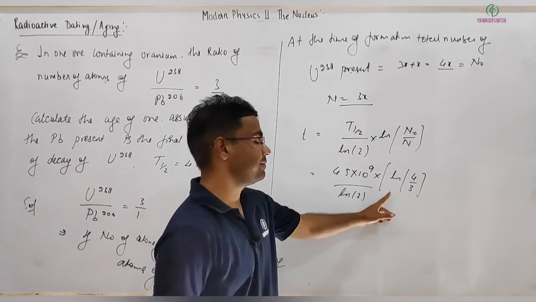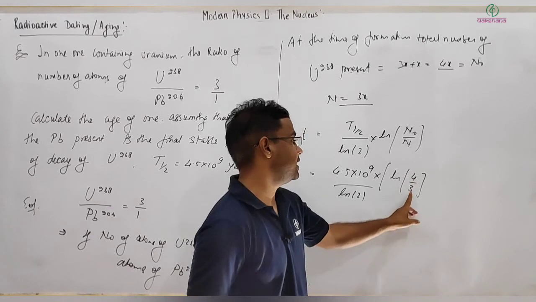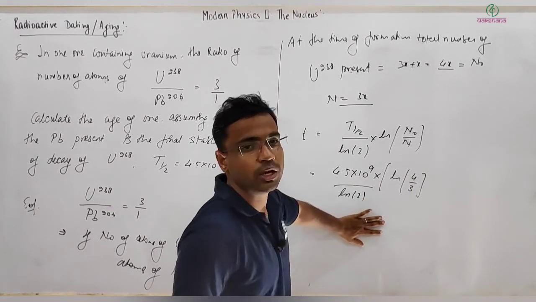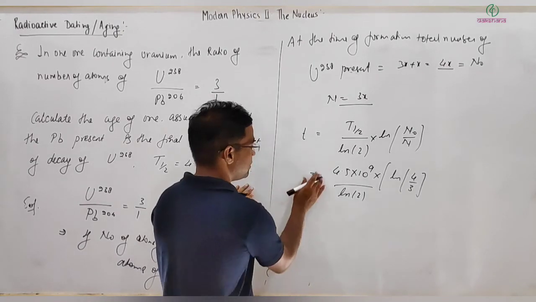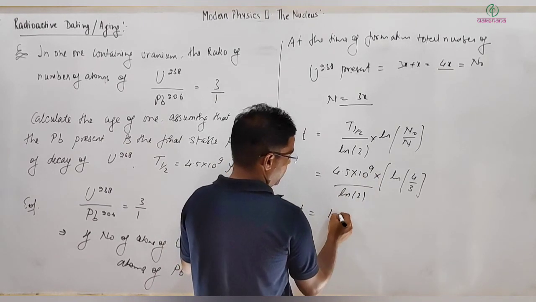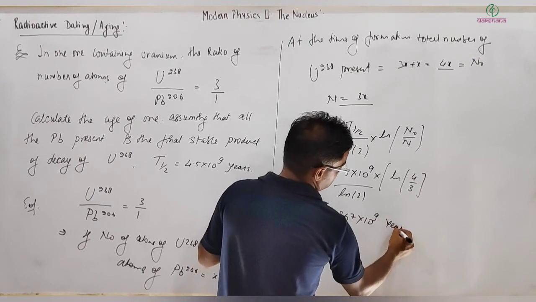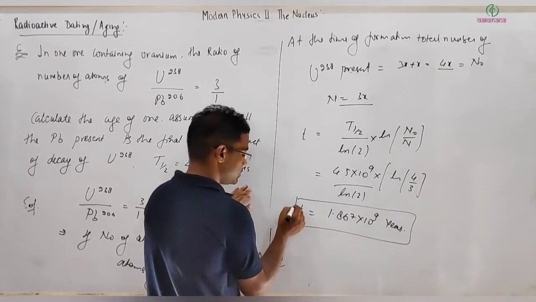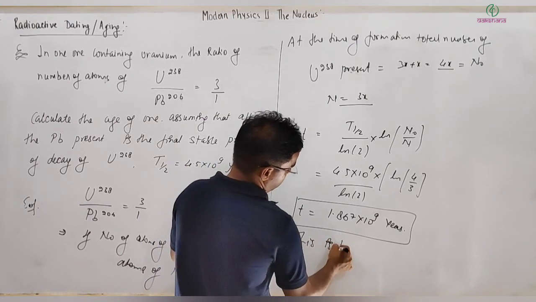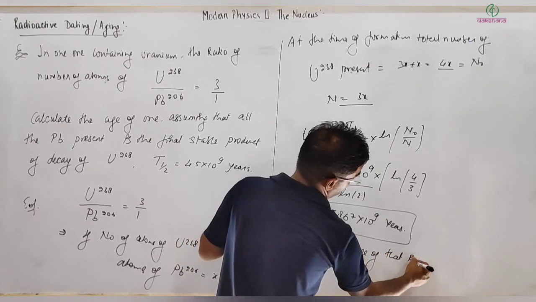This log we can simplify with a calculator, or you can remember the values of ln 3, ln 4, ln 2 and calculate it manually. After solving, it comes out to exactly 1.867 times 10 to the power 9 years. So this is the age of that rock.